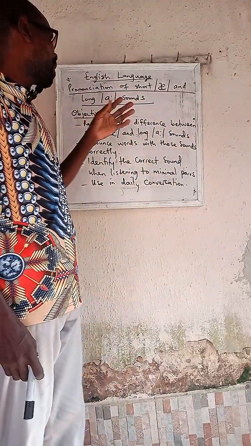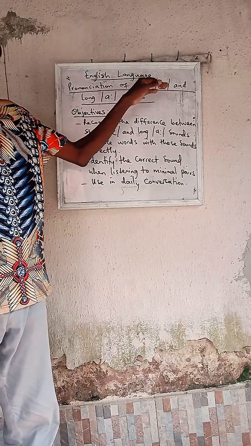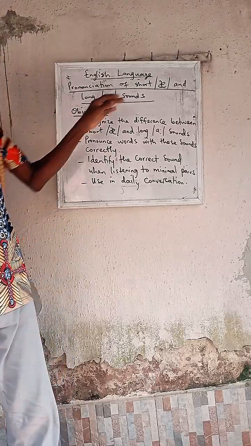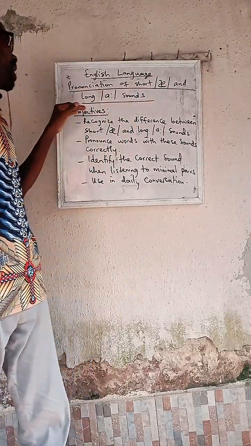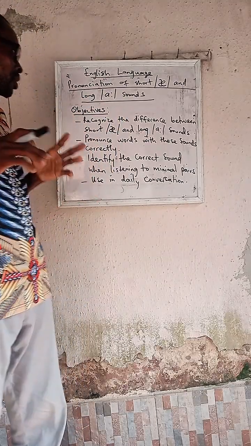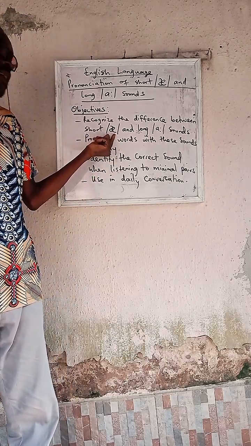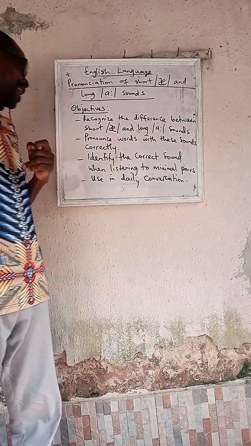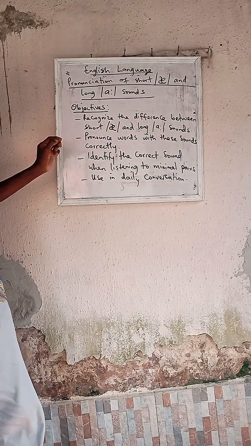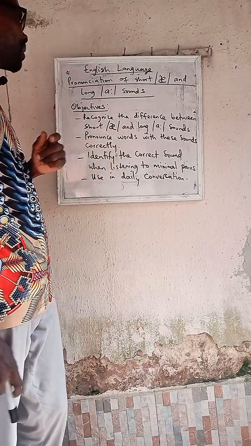We're going to look at these two sounds, the short R sound and the long R sound. The objective is that we want to recognize the difference between these two sounds, and secondly, pronounce words that have these sounds correctly.